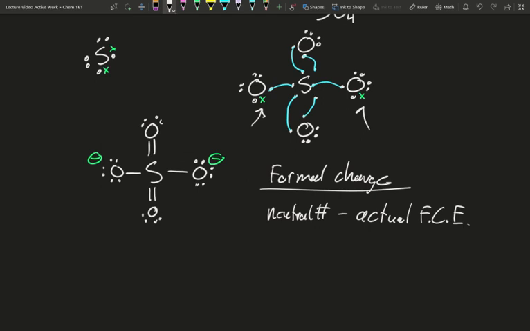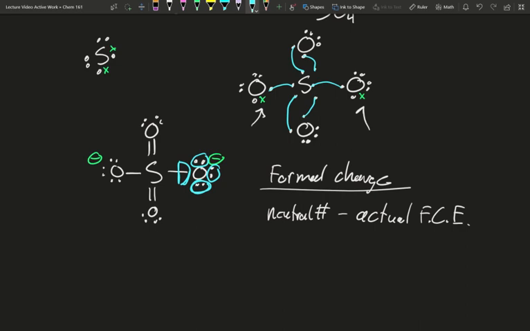It's a similar idea with one rule that's different. For octets, we said, hey, a bond counts as 2 and a lone pair counts as 2. For formal charge, it's about the electrons that atom controls. A lone pair is absolutely controlled by that atom. There's nothing else using those electrons. So that oxygen sees 2, 4, 6 from its lone pairs, and it gets half of its bond. This is what's different about formal charge.